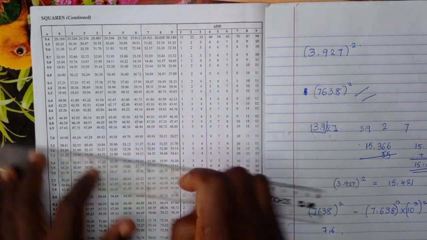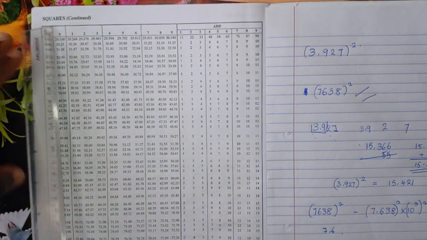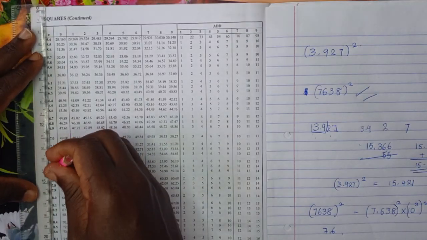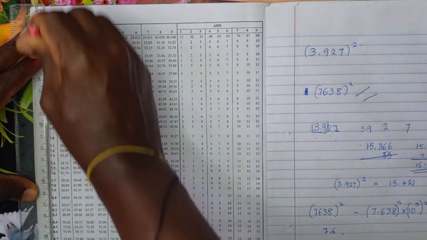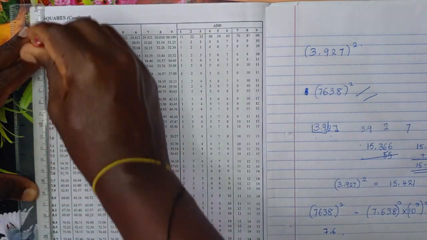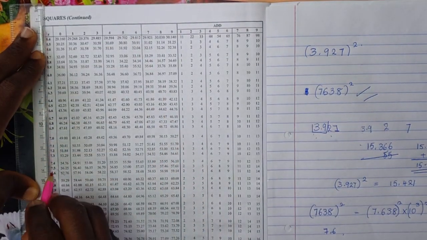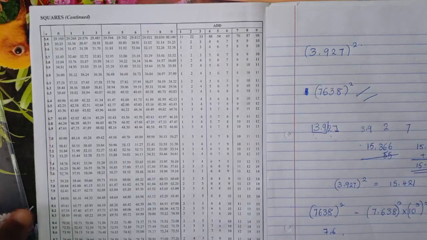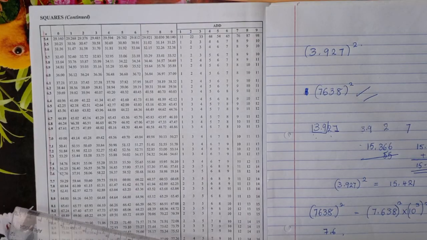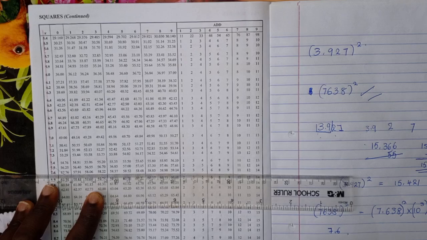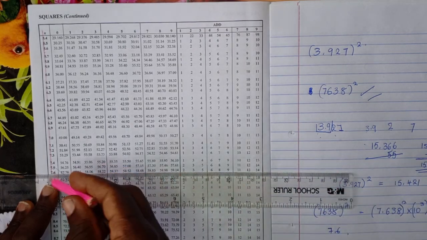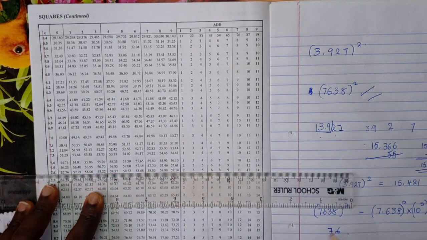Remember, it is from this X column up to here, 7.6. So for the 7.6, I want you to move to the right side of the number.